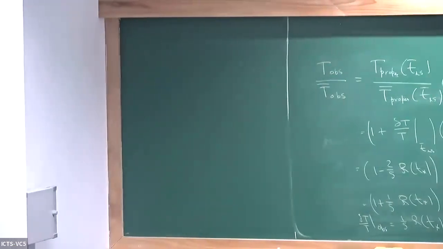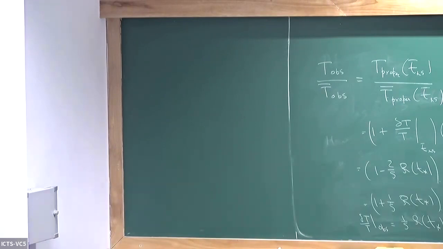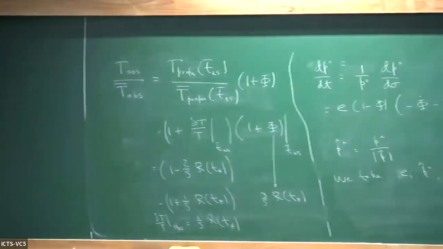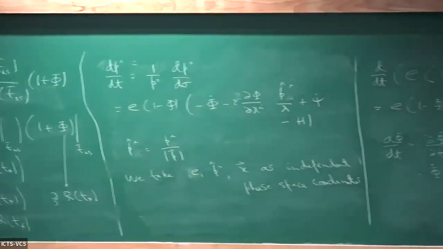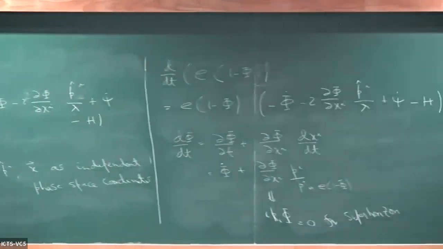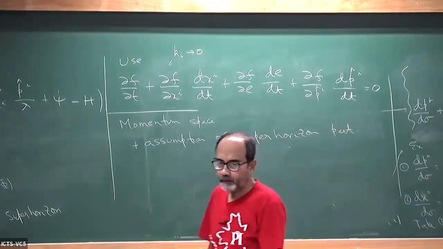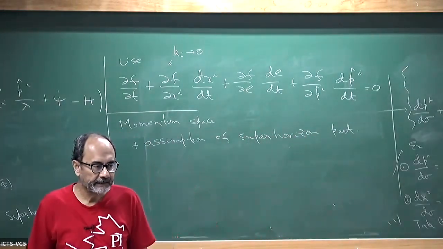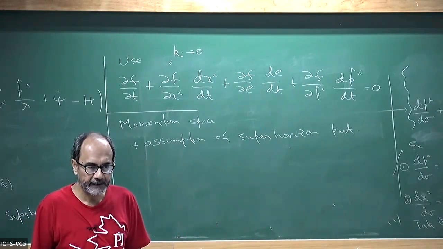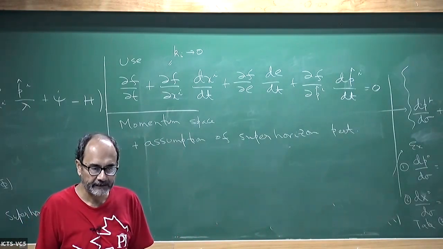This term we can argue is second order in perturbation. Let's see why. f was the phase space distribution function. In the absence of perturbation, it is homogeneous and isotropic, so f couldn't depend on p hat, the direction of p. f can only depend on the magnitude.